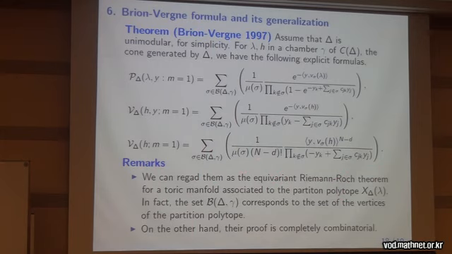Actually, the set appearing here, B delta of gamma, corresponds to the set of vertices of the partition polytope. So this formula has a geometric meaning. On the other hand, their proof is completely combinatorial. This is a remark.